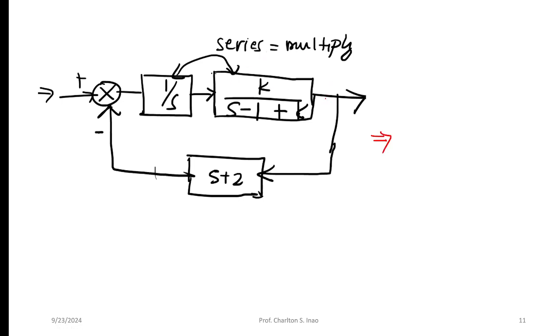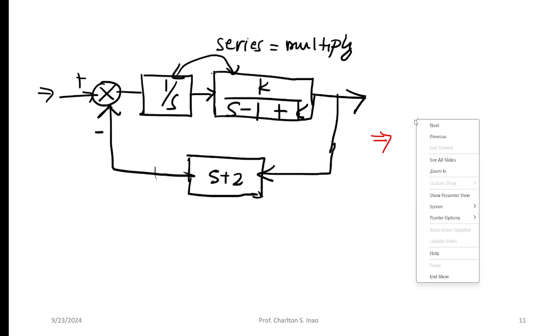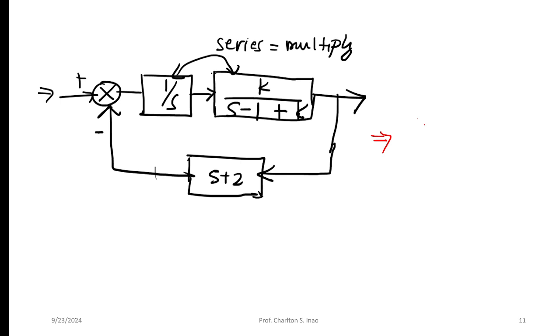They are arranged in series, so we can just multiply this. This one is 1 over s k now. So 1 times k is k.